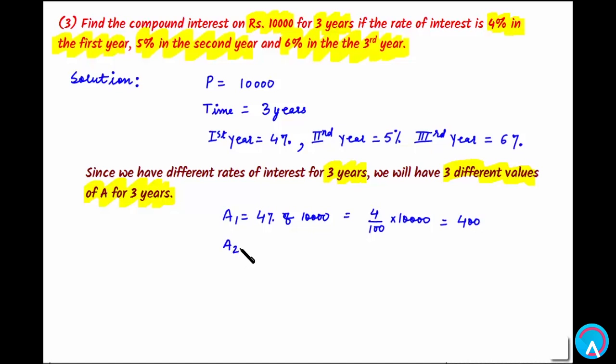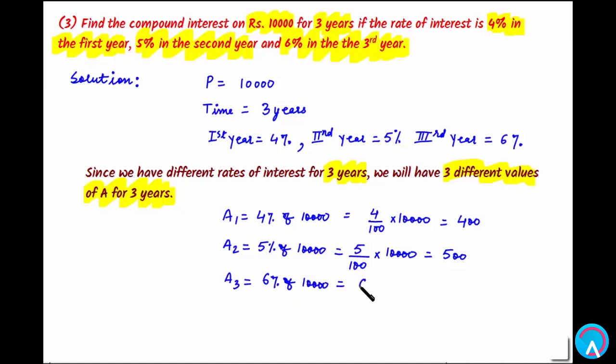A2 is equal to 5% of 10,000. So that is equal to 5 by 100 multiplied by 10,000. That is equal to 500. A3 is equal to 6% of 10,000. That is equal to 6 by 100 multiplied with 10,000. That will be equal to 600.